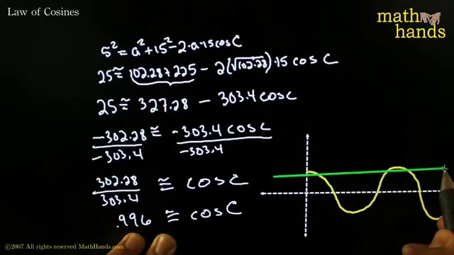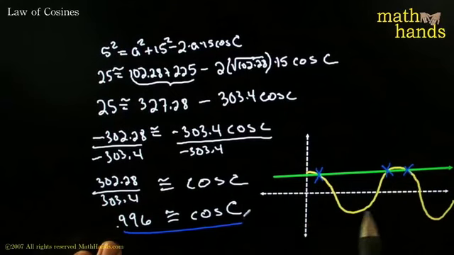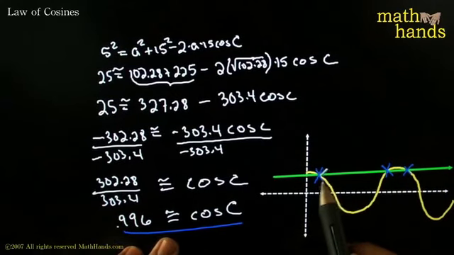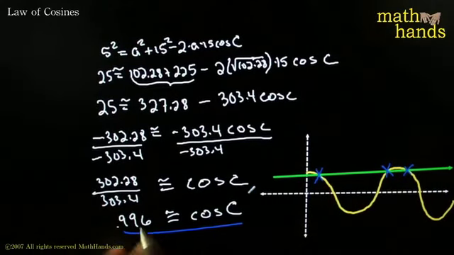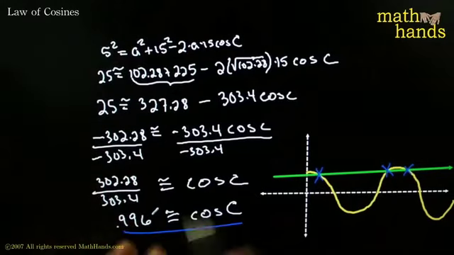The solutions, the angles that we're looking for, are these angles. They occur here, here, here. There are infinitely many solutions to this equation. The first one we obtain by using the calculator, because this is not a famous ratio.